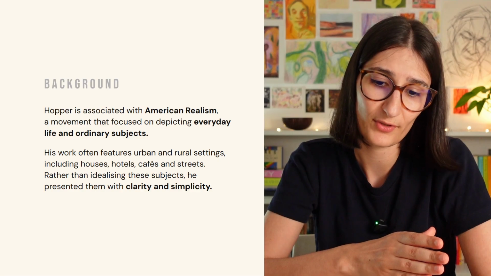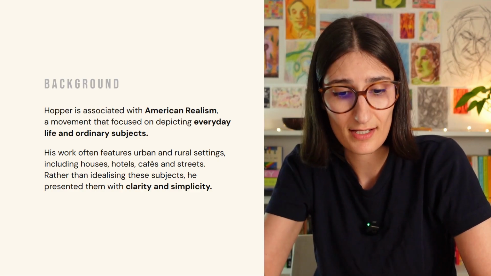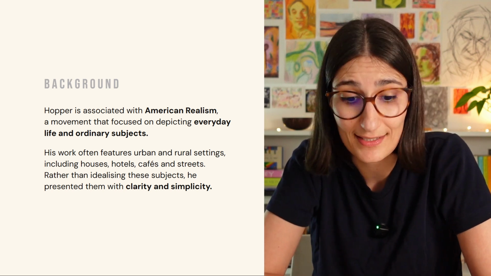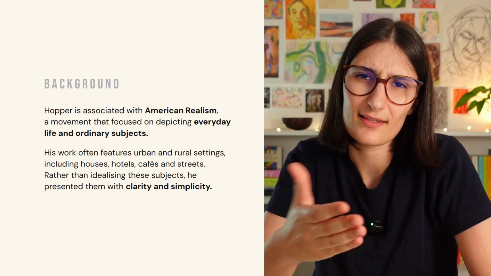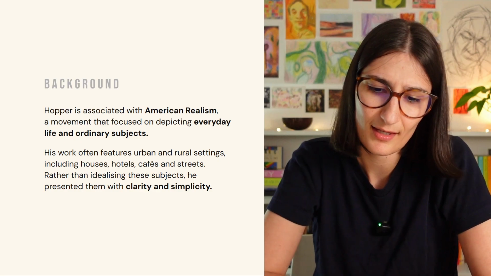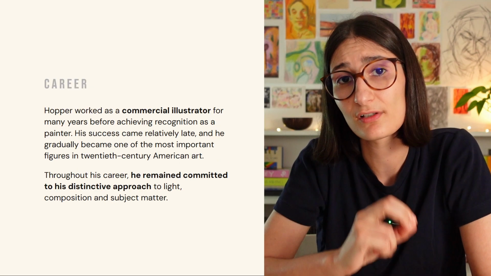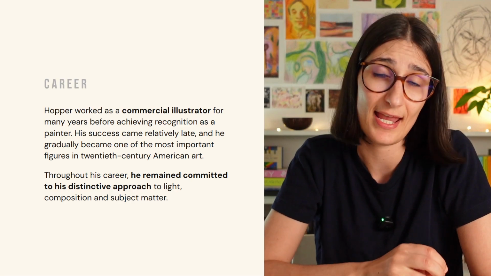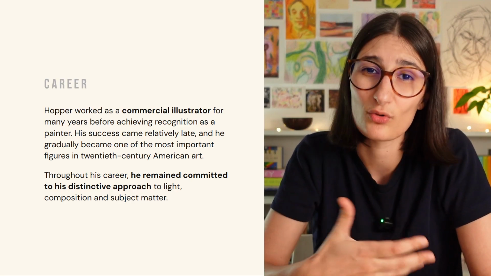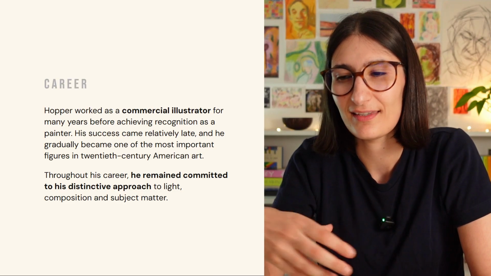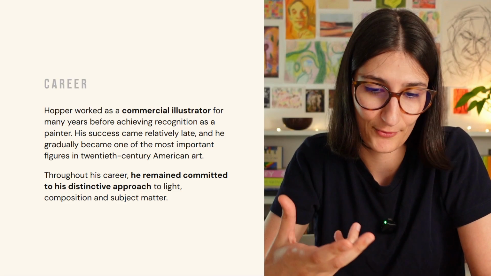His work often features urban and rural settings, including houses, hotels, cafes, and streets. Rather than idealizing these subjects, he presented them with clarity and simplicity. Hopper worked as a commercial illustrator for many years, and he didn't enjoy his work that much because he felt that he didn't have the freedom that he wanted to express himself.